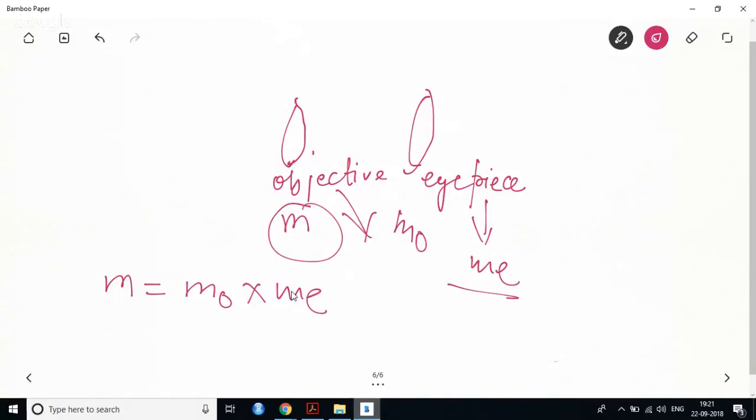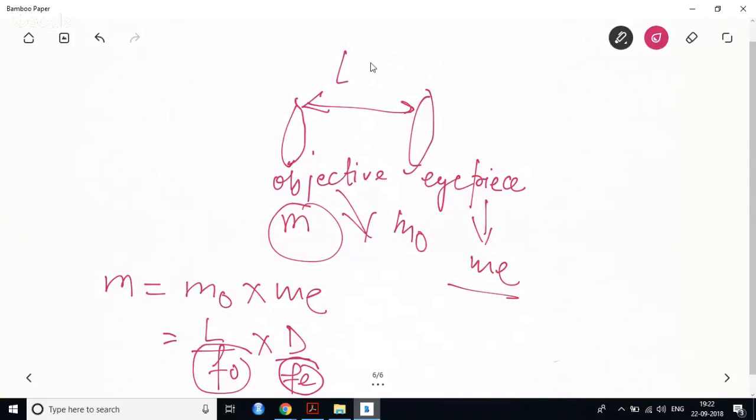That would be equal to, you just find the terms given in your book, L by FO multiplied by D by FE. FO and FE, you know, are the focal length of the objective and the focal length of the eyepiece. What are L and D? L is the distance between the two lenses.